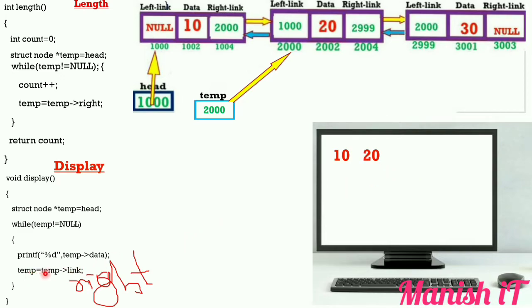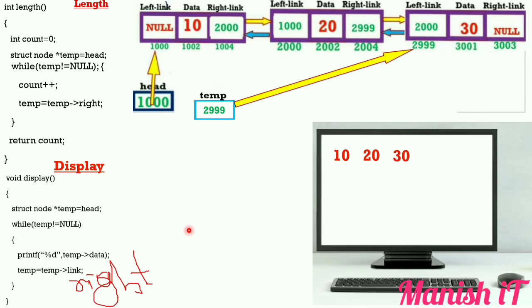Now once again temp->right. Temp->right means what? 2999. So it stores 2999, stops pointing here and starts pointing to the next node. Again it checks the condition: 2999 is not equal to null, so the condition is satisfied. It prints temp->data, which is 30.